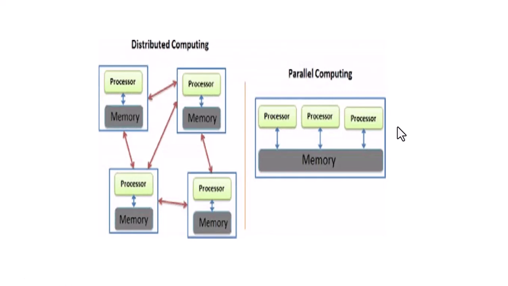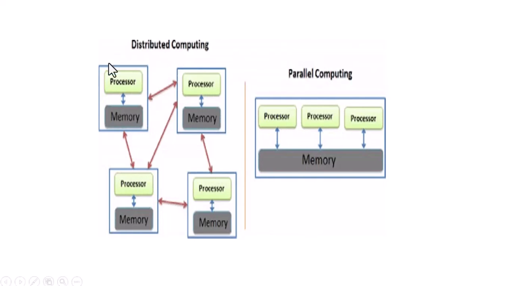Also remember that there is one shared memory. This is an important point to remember, that all the processors access one shared memory. But here each computer has a unique, unshared memory.